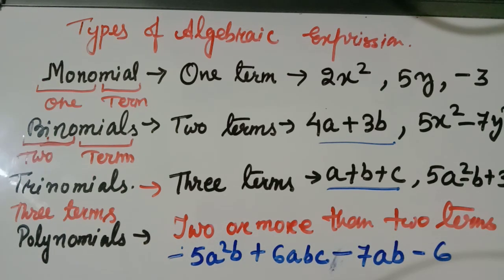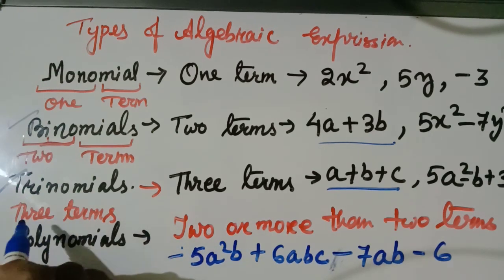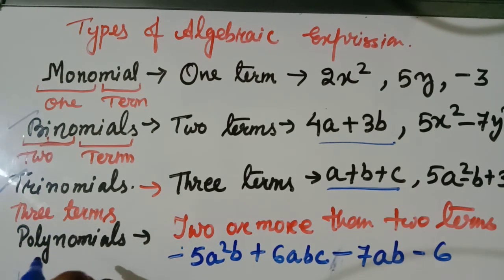So, this is known as polynomial. Binomial is also polynomial, trinomial is also polynomial, and similarly tetranomial is another term which consists of 4 terms. Clear?